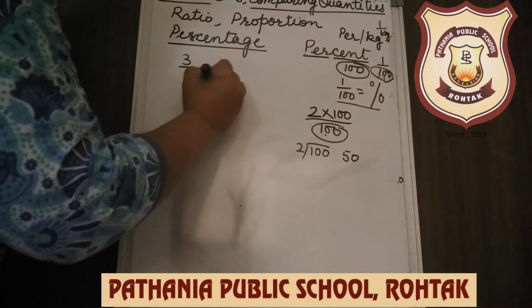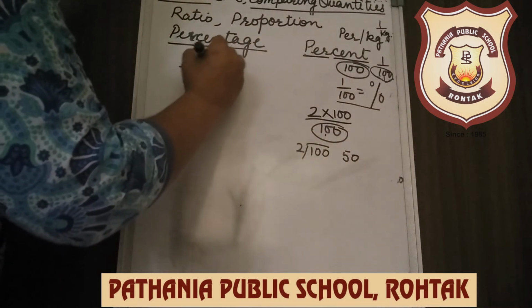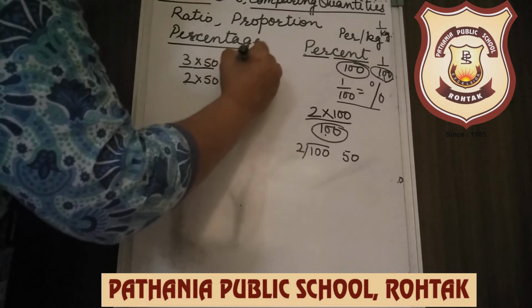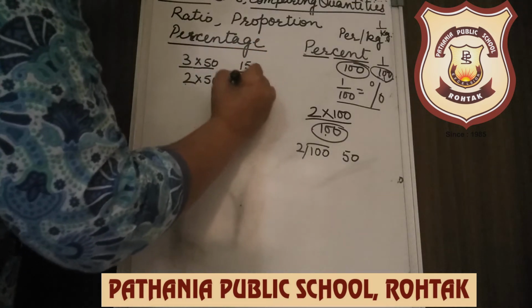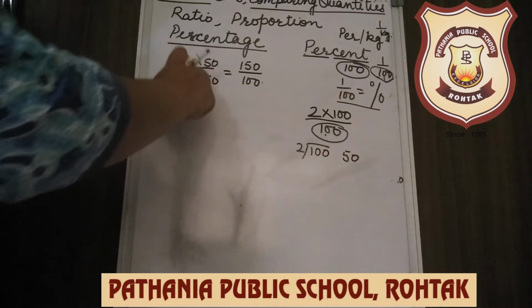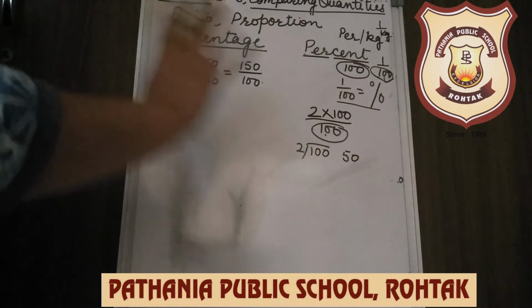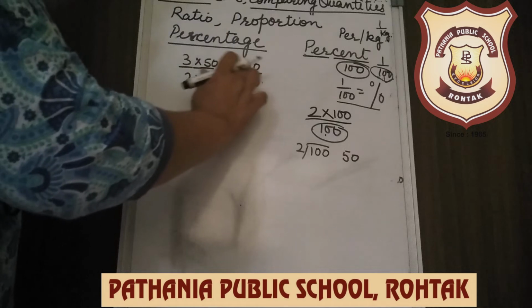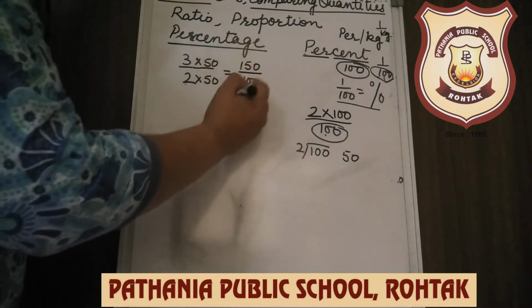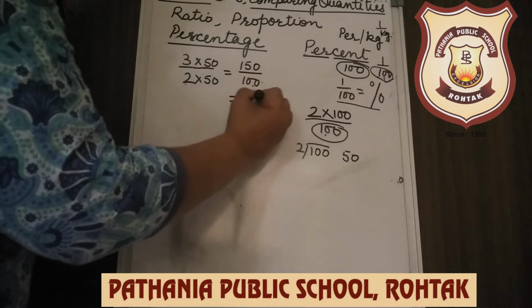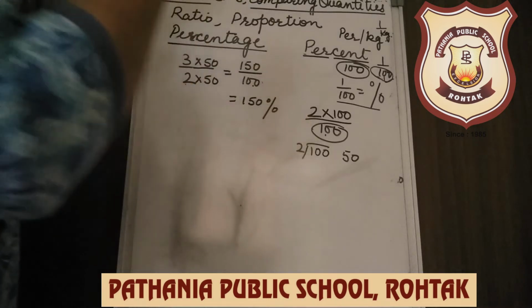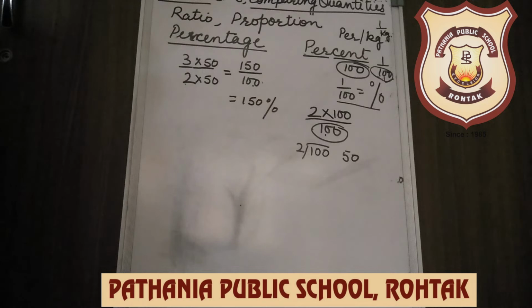So I will multiply the denominator as well as the numerator with 50. So this will become 150 upon 100. This is the method of making equivalent fraction. I have done nothing, only I have changed the denominator to 100. Now this 100 means percentage and my answer is going to be 150%. Is this okay? Clear to everyone?